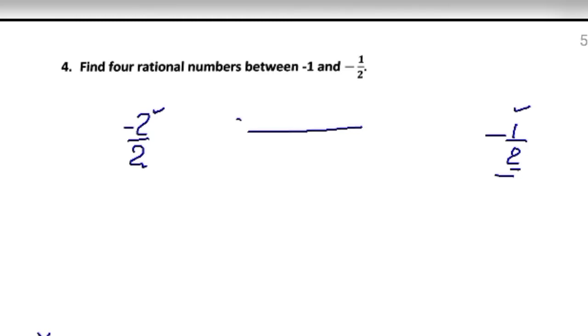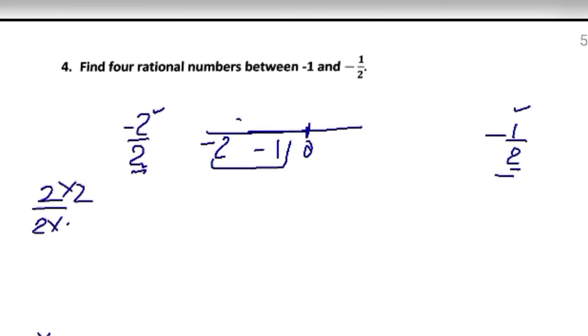On the number line, if you put minus 1, 0, minus 1, minus 2, we don't have any integer between them. So to find four rational numbers, we will multiply this number by any greater number. Let's check after multiplying numerator and denominator by 2, minus 1 upon 2 by 2.